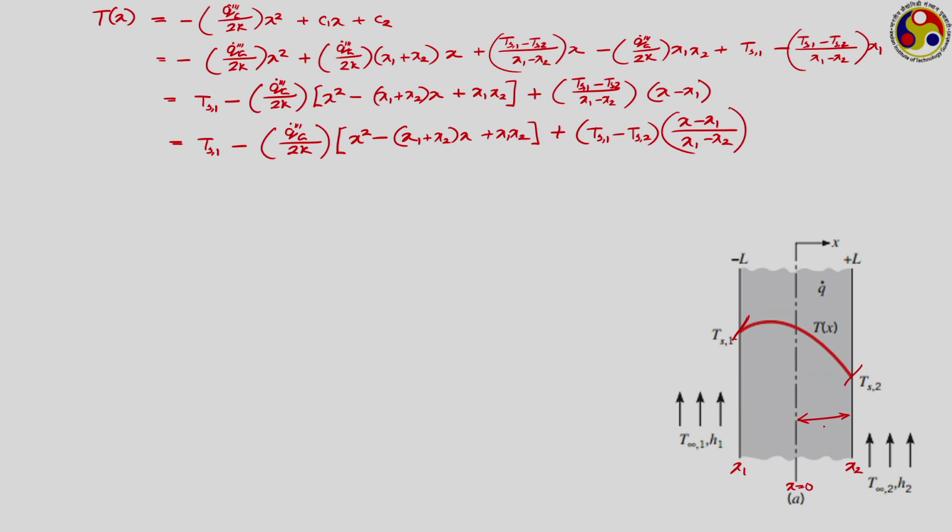This is at a distance L and this is also at a distance of L from the center, and accordingly our x1 becomes minus L, x2 becomes plus L, and x1 minus x2 becomes minus twice L. If we are going for this kind of geometric definition, then the equation takes a much simpler form.